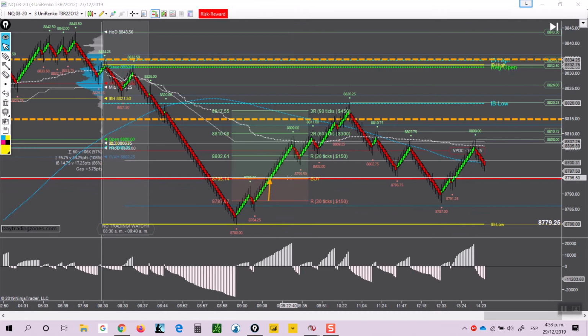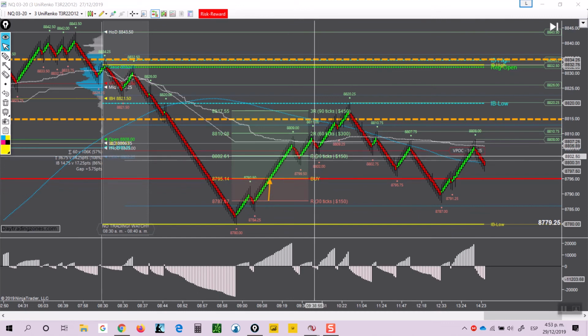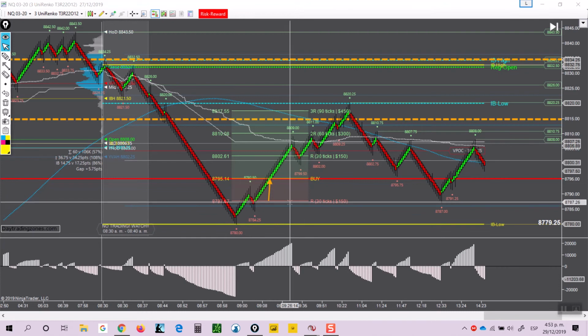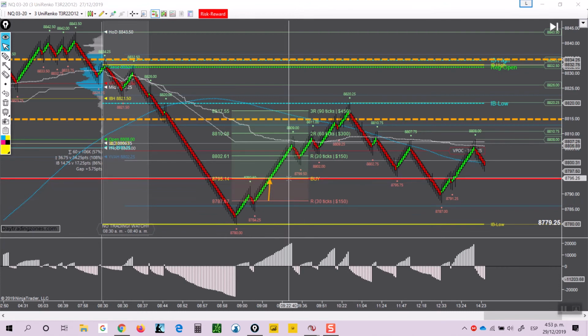Then I had my 1-to-1, that's 30 ticks. I reached that right here, and as soon as I touched that level, my stop loss automatically moved to break even.